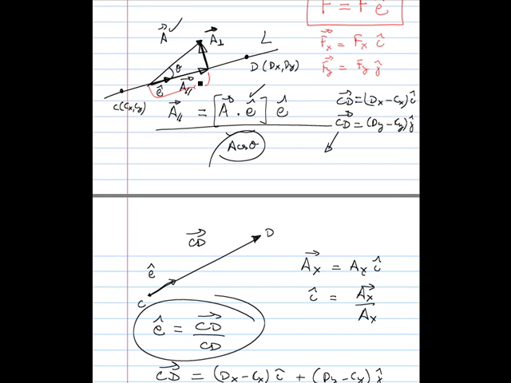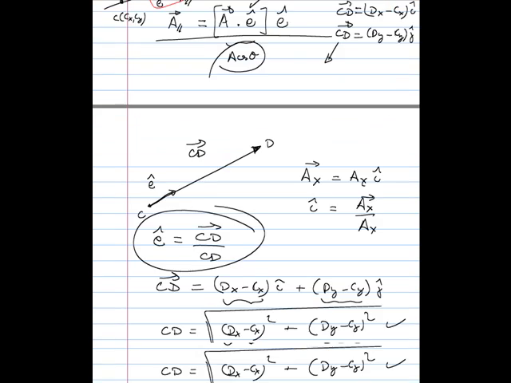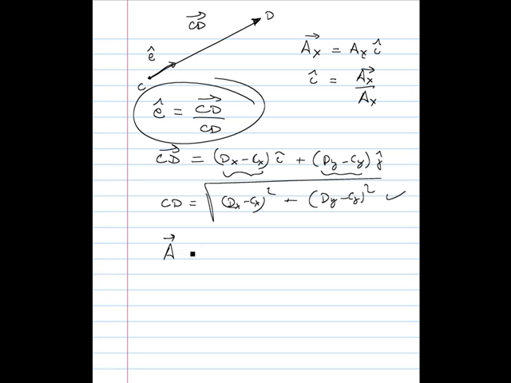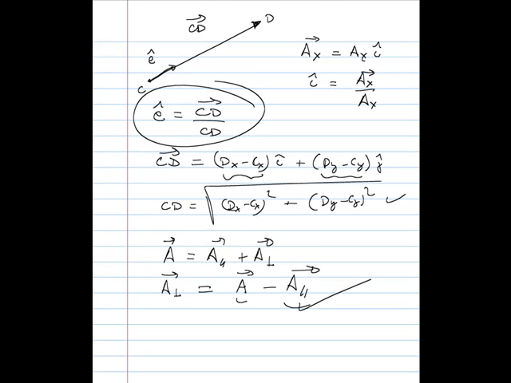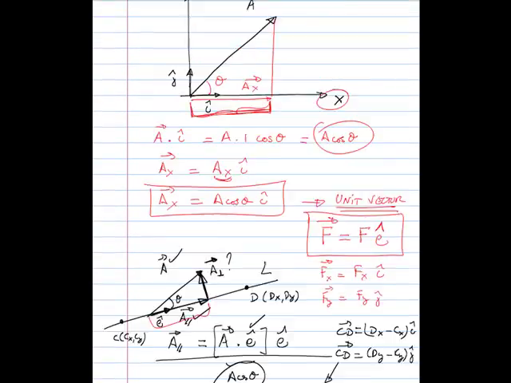Since I know A, and by now I know A parallel, if I would like to figure out A perpendicular, since A is equal to A parallel plus A perpendicular, then really all I have to do is solve for A perpendicular, which will be vector A, my original vector, minus the parallel component that I've just calculated, and this will give me A perpendicular. Since these vectors are in component addition, it's a no brainer.